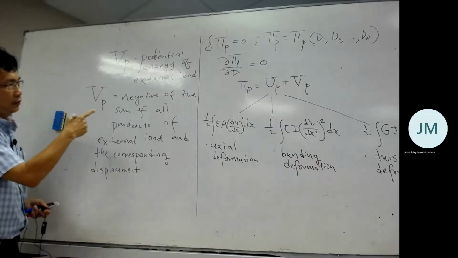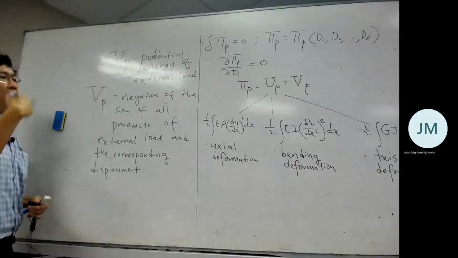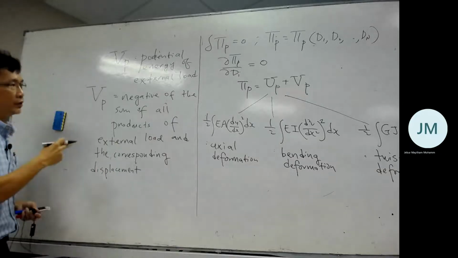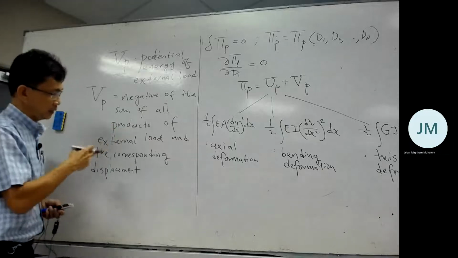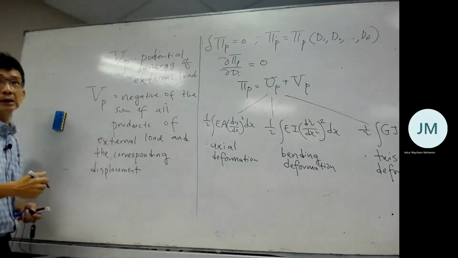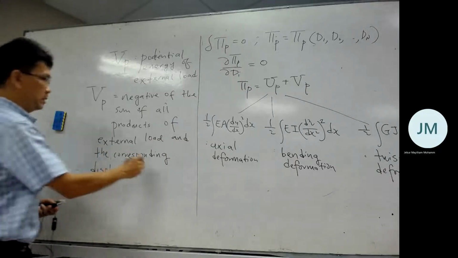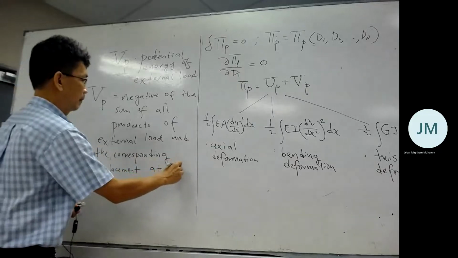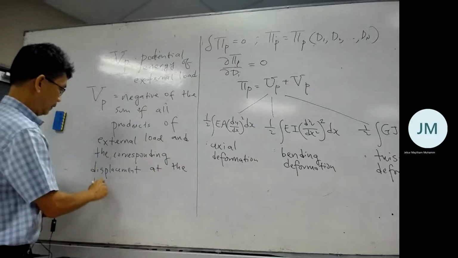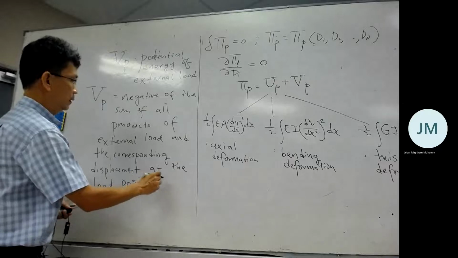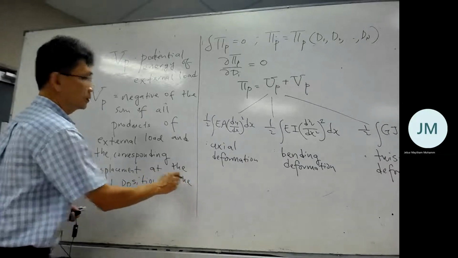So this is the negative of all the sum. If you have two loads, then you have to add them up. But it is the negative of the sum of all the products of external load and the corresponding displacement, at the load position, in the direction of the loading.